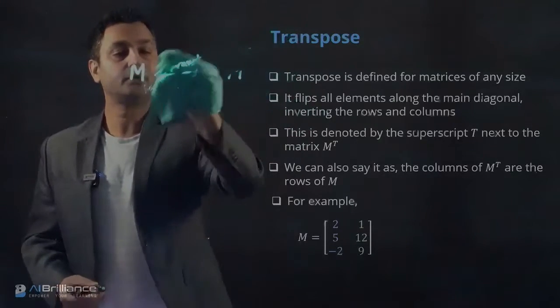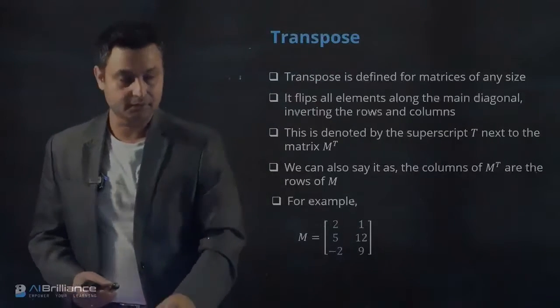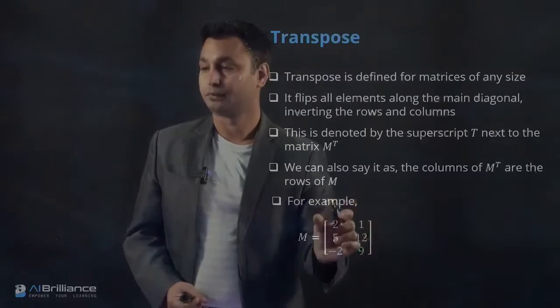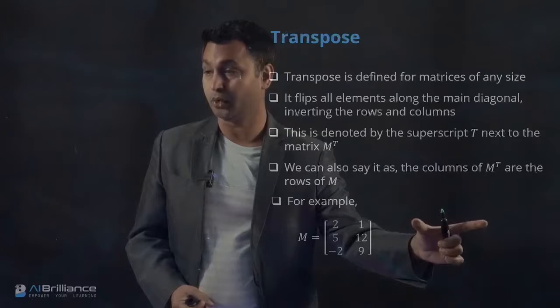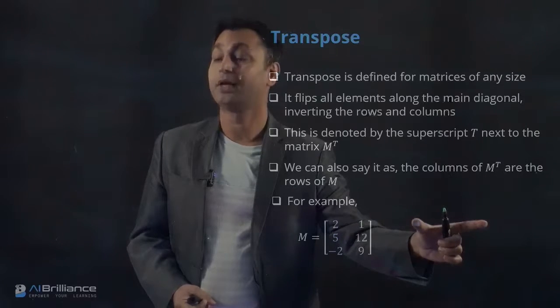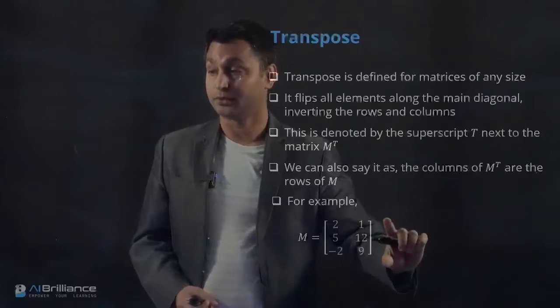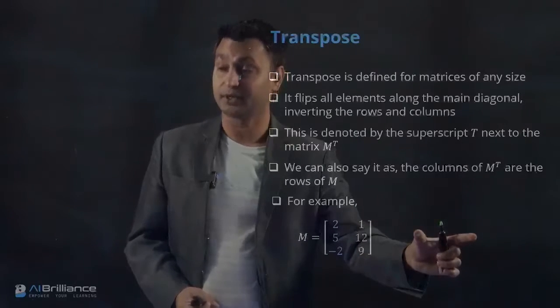If we want to take its transpose, notice that the first column is 2, 5, minus 2. This is going to become the first row of M transpose, so the row will have 3 elements: 2, 5, minus 2. Now the second column of the matrix M is going to become the second row of the transpose matrix.